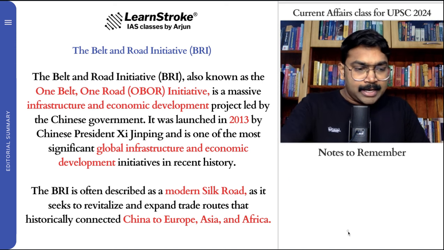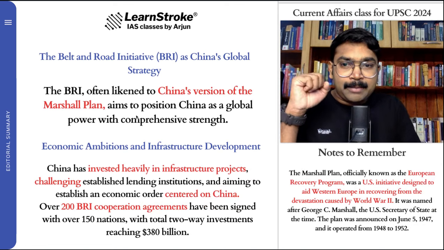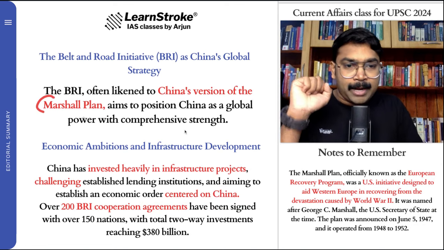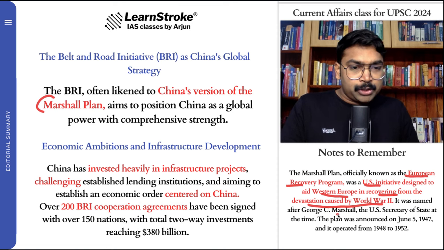So let's see what the Marshall Plan is. The world is calling BRI China's Marshall Plan. The European Recovery Program was a US initiative designed to aid Western Europe in recovering from the devastation caused by the Second World War. It was named after George Marshall, the US Secretary of State at that time, and it operated from 1948 to 1952.